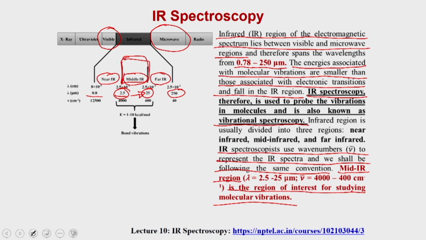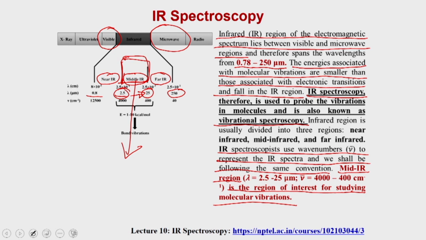The middle IR region has been extensively used to study molecular vibrations, and if you are interested, that is the region you can very much exploit to study the presence of functional groups.